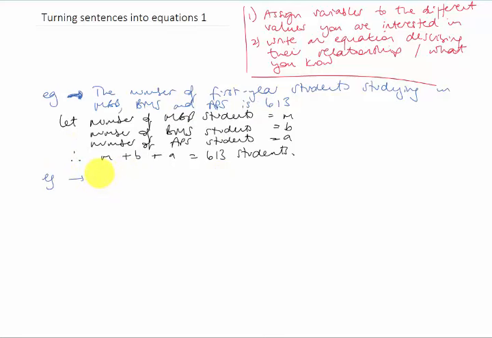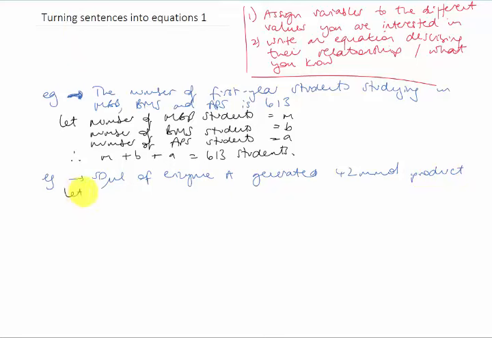Another example, so let's say that 50 microliters of enzyme A generated 42 millimoles of product. So what do we know?